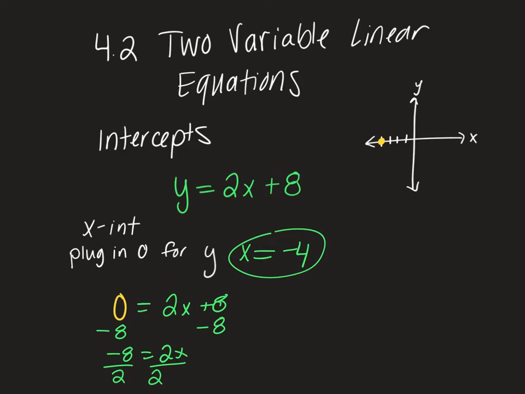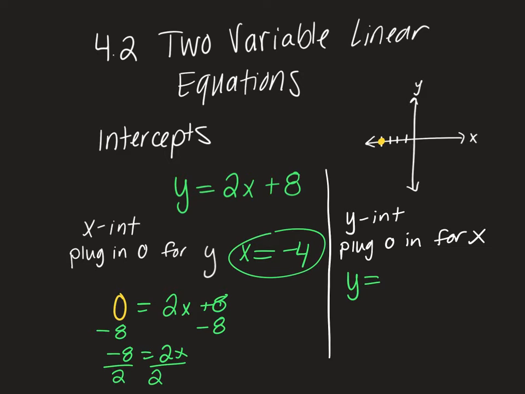Then we need to find our y-intercept. Any guesses on how we're going to find the y-intercept? Yeah, we're going to plug 0 in for x. So y equals 2 times 0 plus 8. 2 times 0 is just 0, so y is equal to 8.